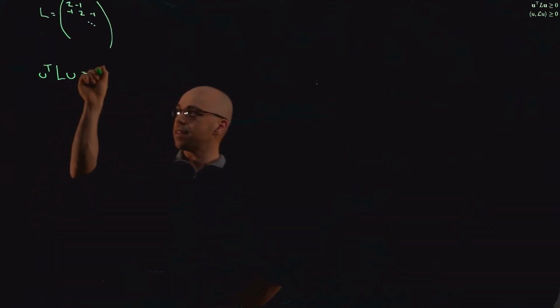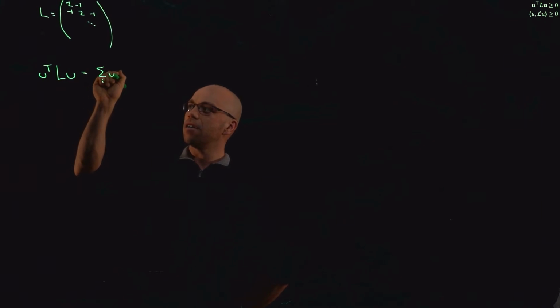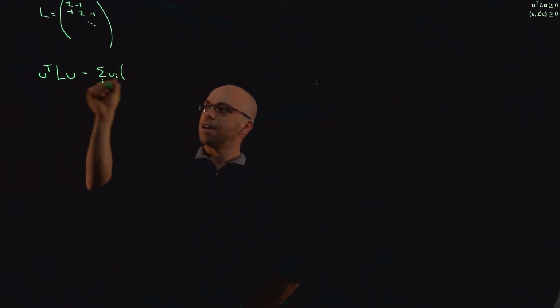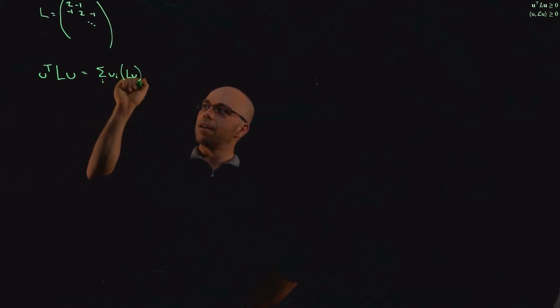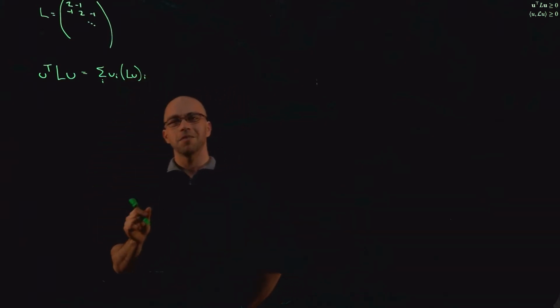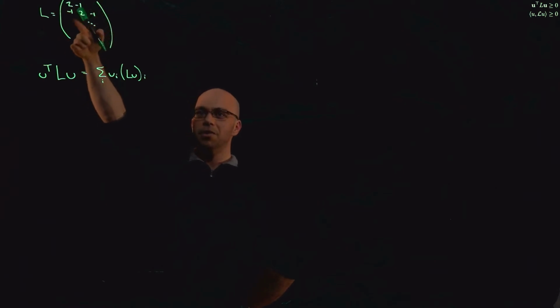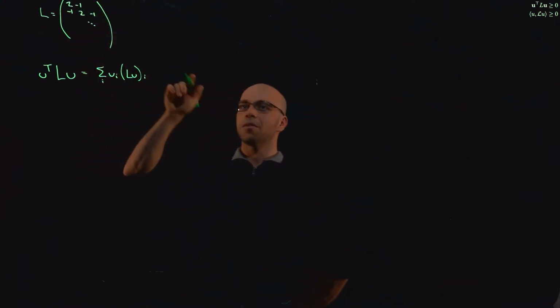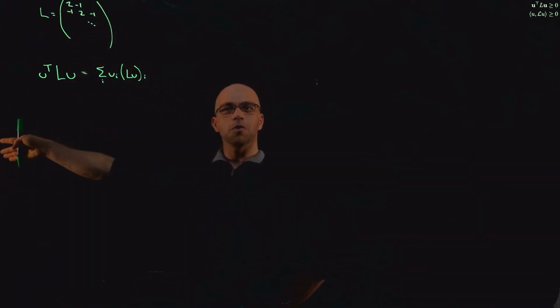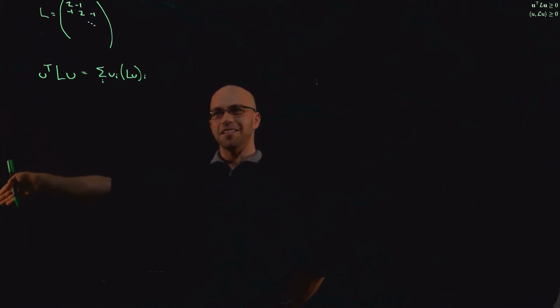So it looks something like this. It is the sum over i of the ith component of U times the ith component of LU. Okay, so I haven't done anything too exciting yet. But if we take a look at the form of our matrix, by the way, I'm going to assume that when i is out of range, like U sub minus 1, it's just 0.